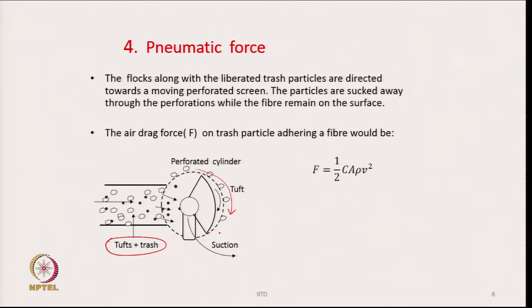So, what forces are acting here? It is the air drag force. The air drag force on a trash particle adhering to a fiber would be F, which is half C A rho V square.